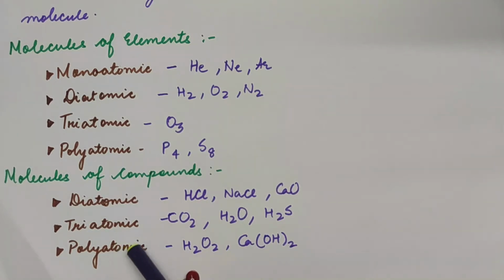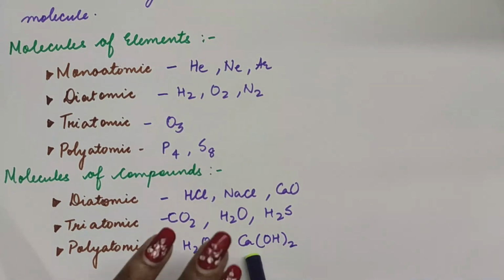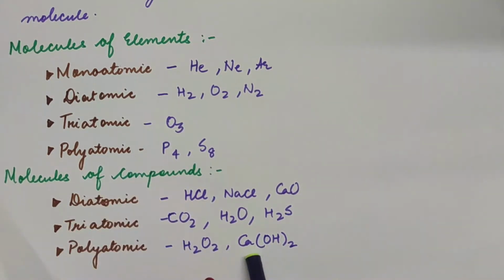When we speak about a triatomic molecule, for example water, it has 2 atoms of hydrogen combined with 1 atom of oxygen. So that makes a total of 3, and we say it is a triatomic molecule. Similarly, hydrogen sulfide or carbon dioxide: here carbon is 1 atom and oxygen is 2 atoms, so the total is 3, and the compound is triatomic.